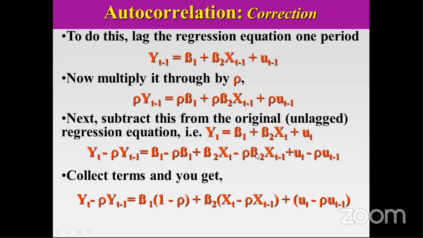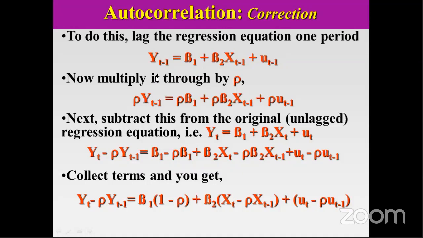Then by simplifying and collecting terms, taking out the common factors, finally we get an equation like this: yt minus rho yt minus 1.